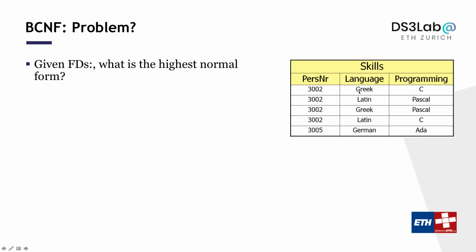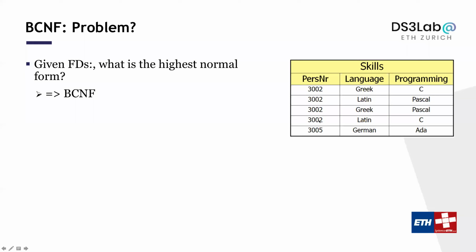Because in this application, the language that the person speaks is independent of the programming language that person knows how to write in. In this example, if someone speaks two languages and also knows how to program in two different programming languages, you are going to have 4 different tuples in this relation.